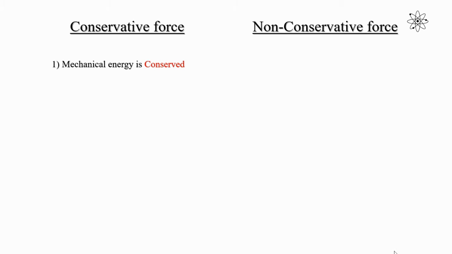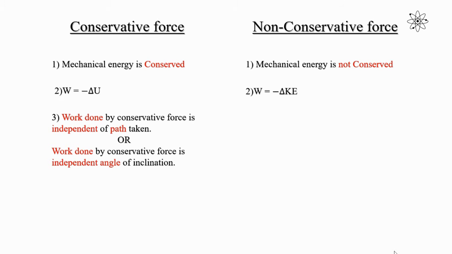In a conservative force, mechanical energy is conserved. In a non-conservative force, mechanical energy is not conserved. In a conservative force, work done gets stored in the form of potential energy. And in the case of a non-conservative force, work done is equal to the change in kinetic energy. In the case of a conservative force, work done is independent of the path taken, or independent of the angle of inclination.